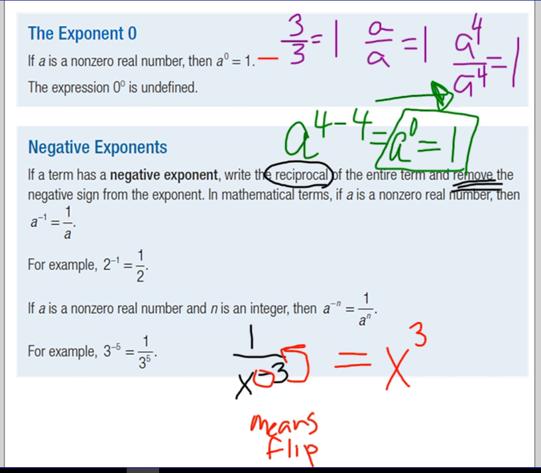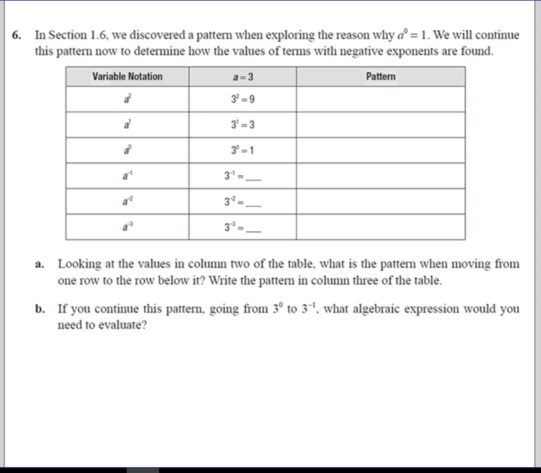Okay, let's look at an example now where we're looking at a pattern for these exponents. For 3 squared, which is 3 times 3 or 9. 3 to the 1st power is 3. 3 to the 0 power, remember anything to the 0 power equals 1.